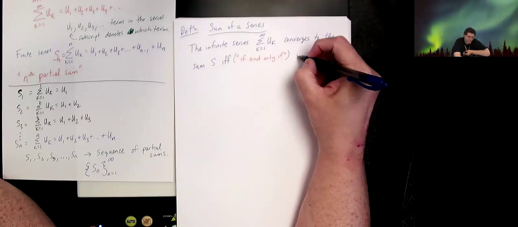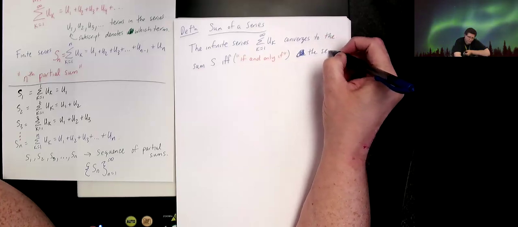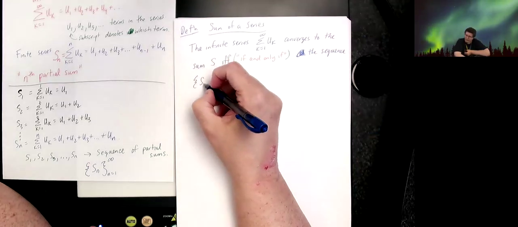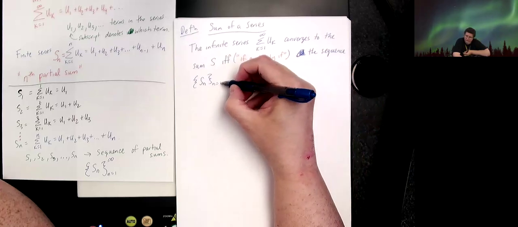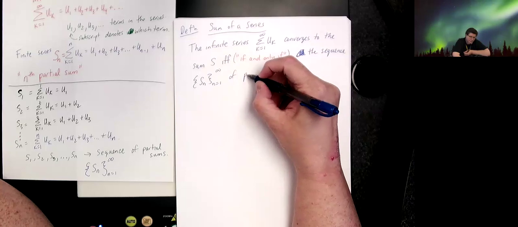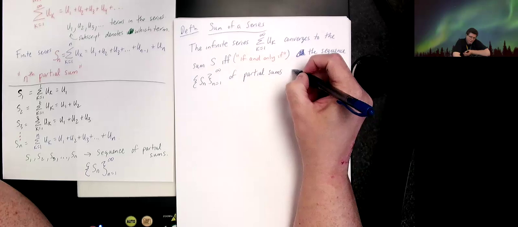If the sequence S sub n, n equals 1 to infinity, partial sums, sequence of partial sums, converges to S.